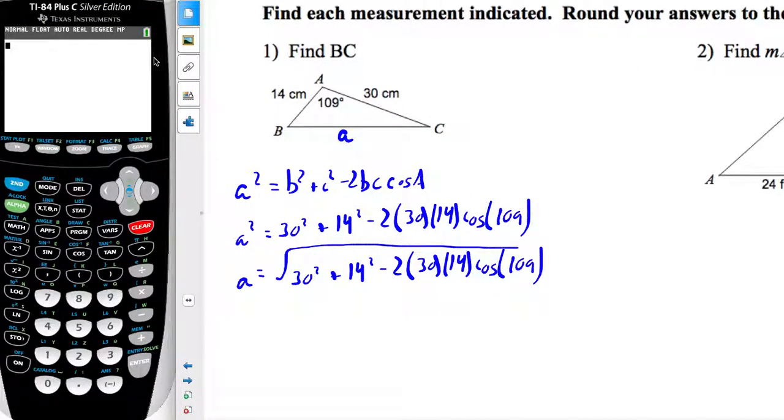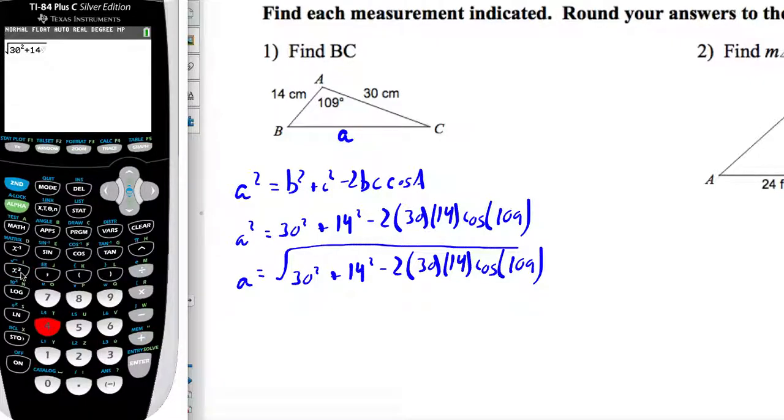So here I have mine handy. And so I'm just going to do the square root of 30 squared plus 14 squared minus 2 times 30 times 14 times the cosine of 109.